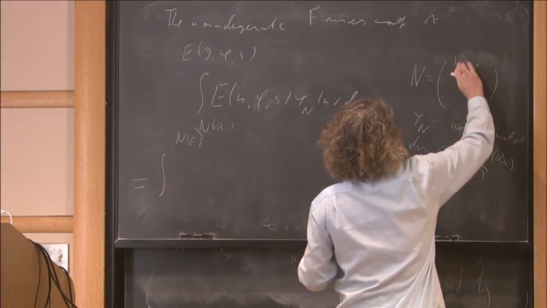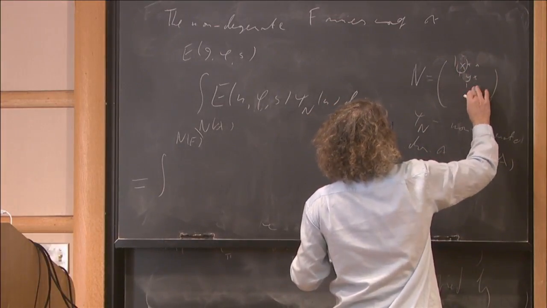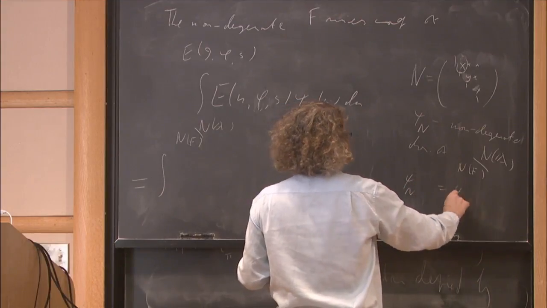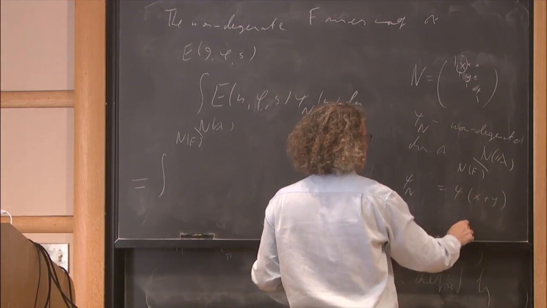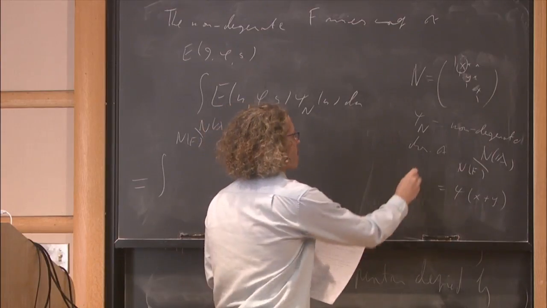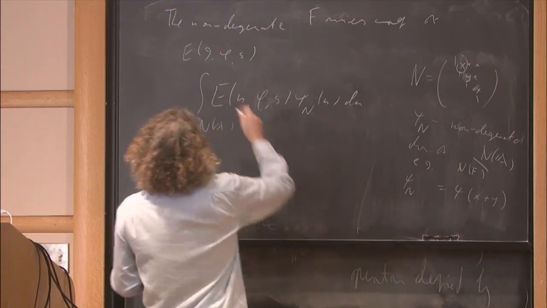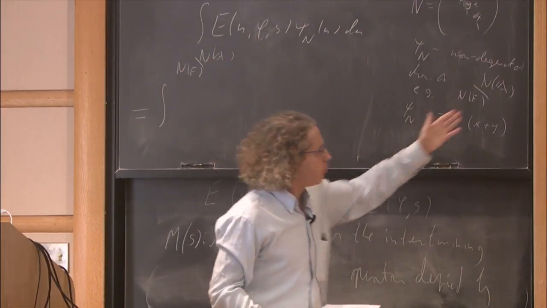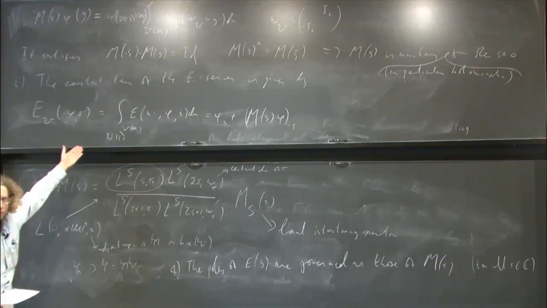So explicitly, if I have here x, y, and then minus x here, psi n could be psi of x plus y, for that matter. When you compute not the constant term, but a non-degenerate Fourier coefficient, I already computed the only non-zero constant term.